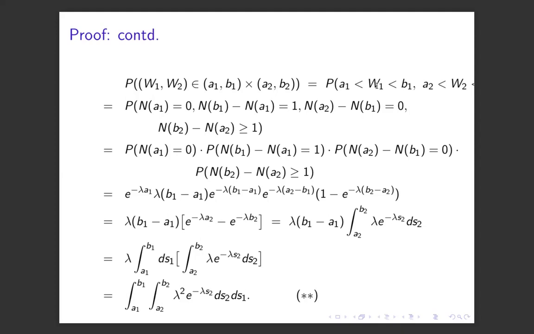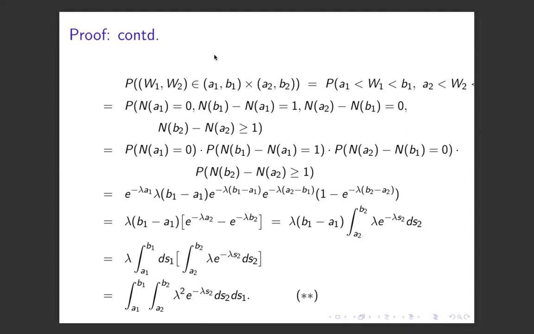the probability that A1 less than W1 less than B1 and A2 less than W2 less than B2. So what does this mean?